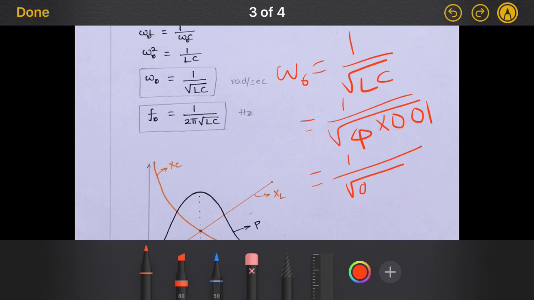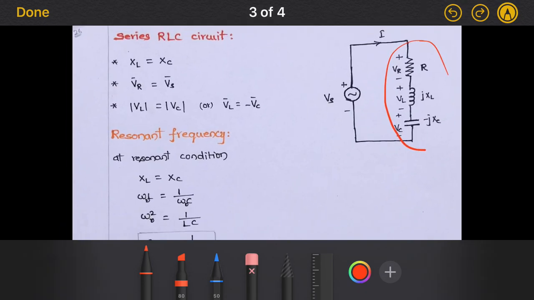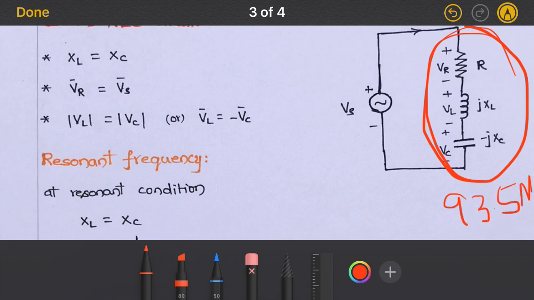Now if you apply the same concept for this circuit here, for example, if the RLC circuit resonant frequency is, let us take, 93.5 megahertz. In this example case, let us take radio FM, 93.5 FM, which means 93.5 megahertz.